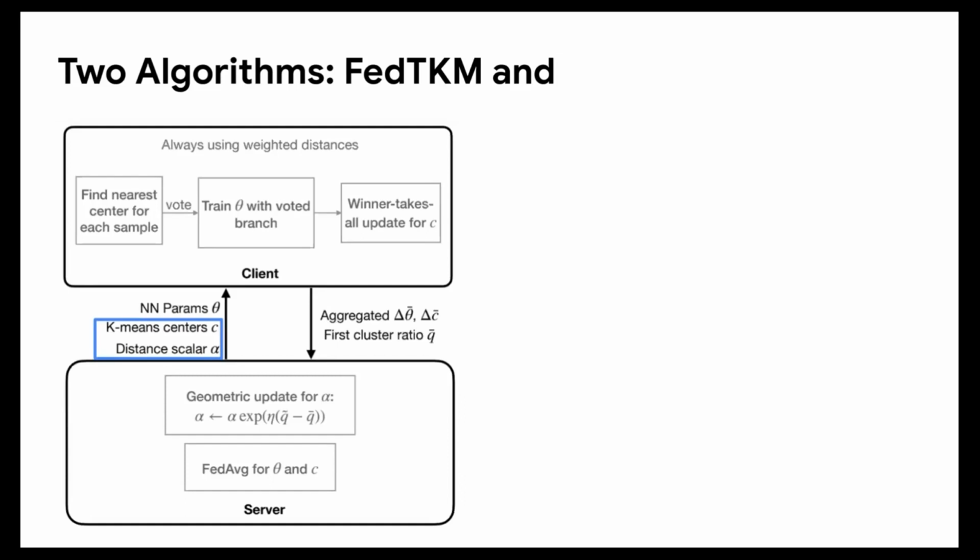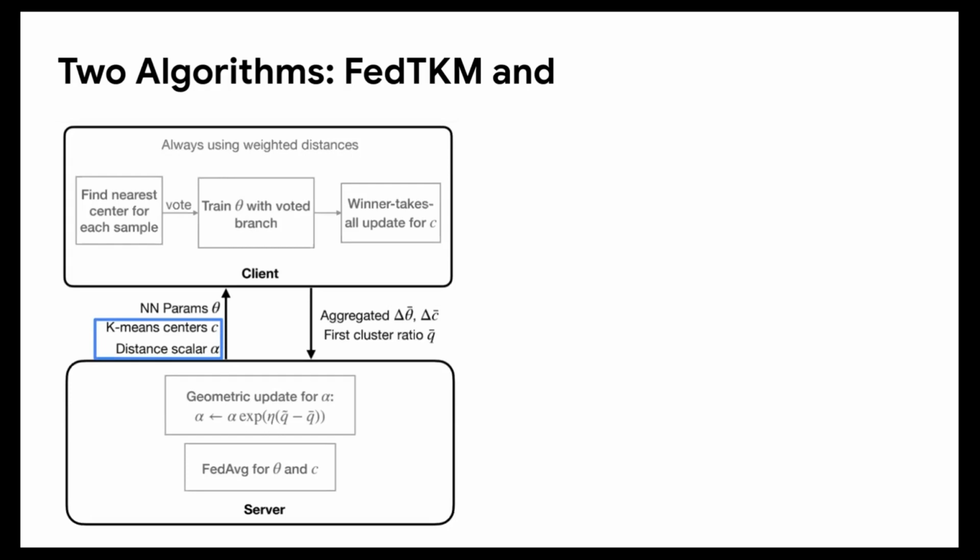To update this distance scalar alpha, we only need some aggregated results, the ratio of assignment for each cluster on each client. The basic intuition is that this scalar is used to control the distance to each clustering center.